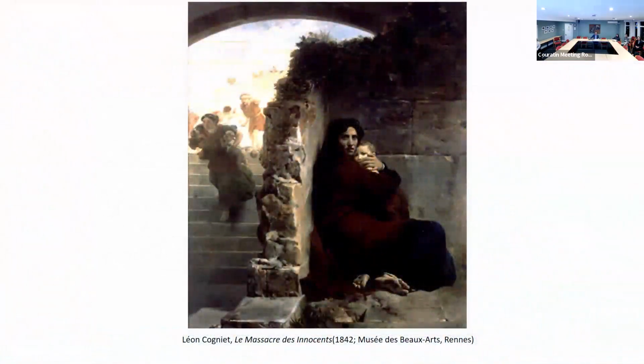So here are two examples, one from the 19th century, early on, Cornier's Le Massacre des Innocents in Rennes, contrasting the bright light outside and the dark shadows where this mother is cowering, trying to protect her child.